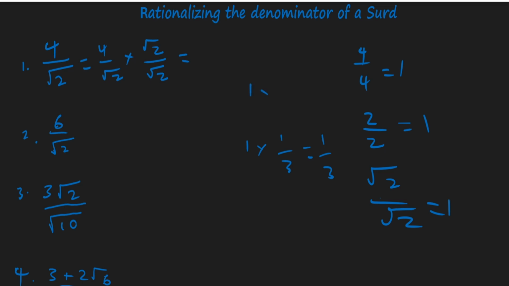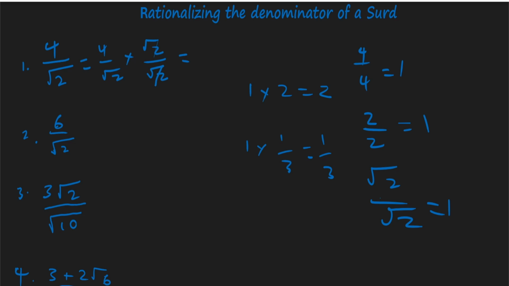1 times 2, the number remains unchanged, 2, right? So root 2 and root 2. Root 2 divided by root 2 gives us 1. So here we have 1.